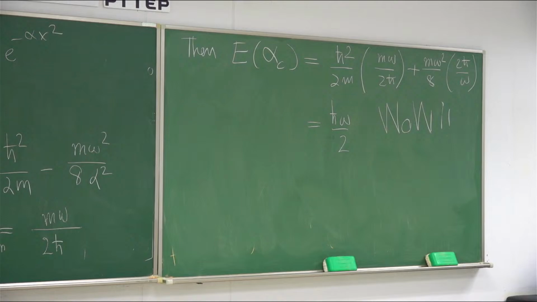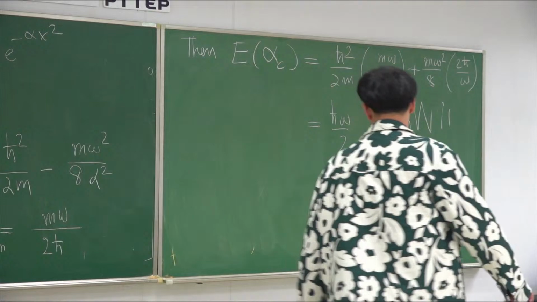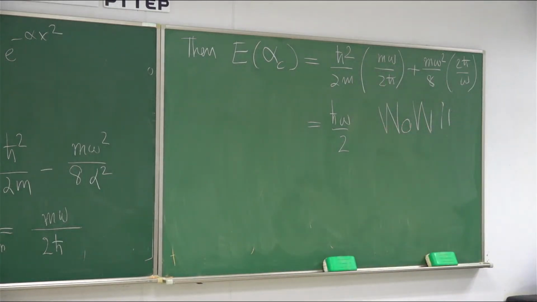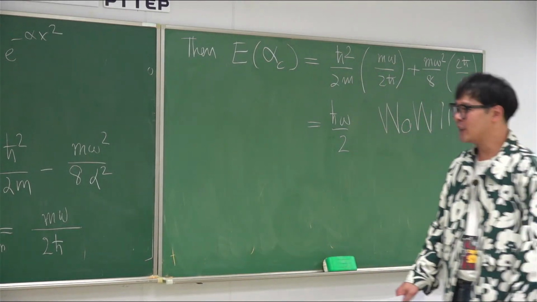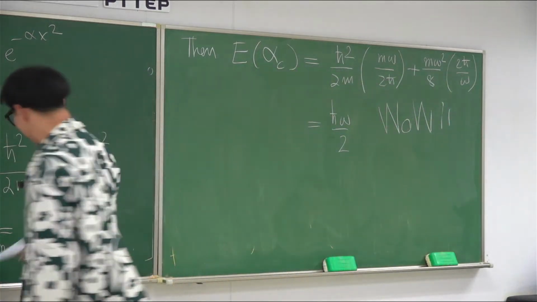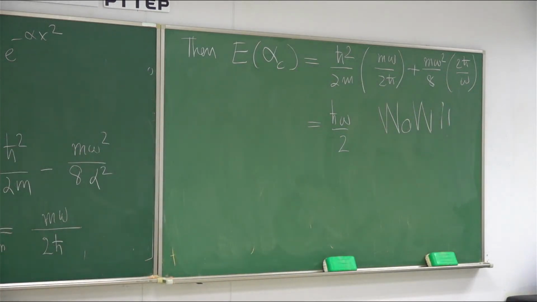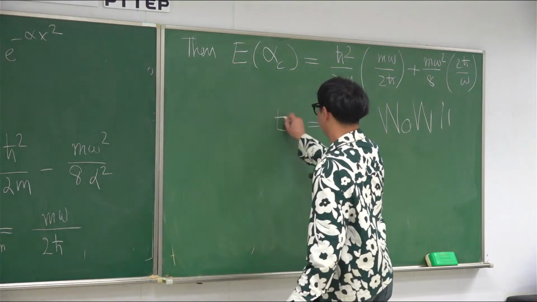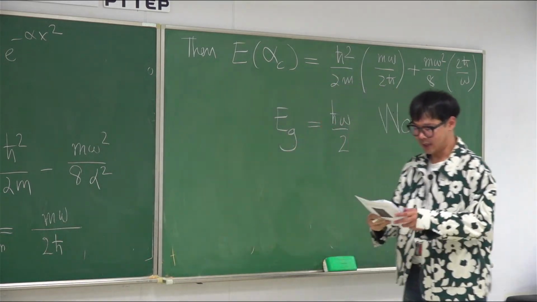Because the question is, how could one know that it's going to be in this form? If your system is much more complicated than this one, then you have to be lucky. Now, in this example, we are very lucky. So we get exactly the ground state of the harmonic oscillator, which is E_G, right here.